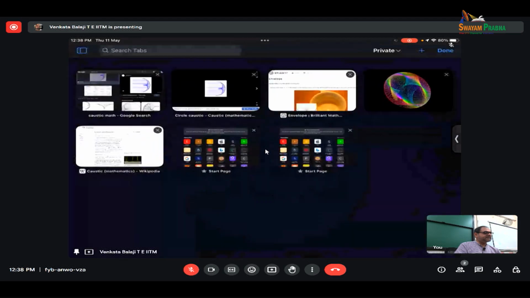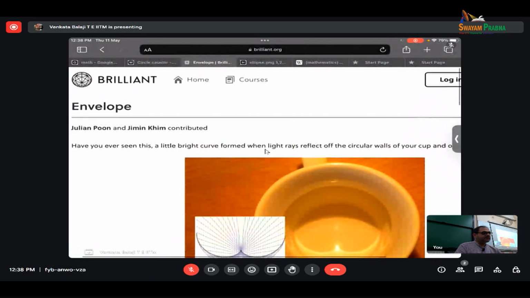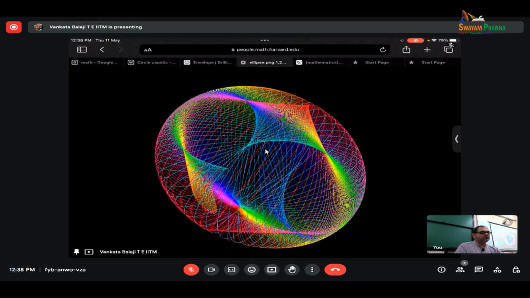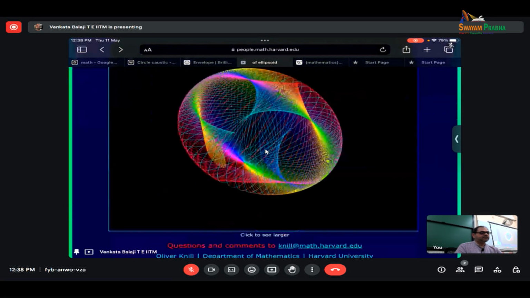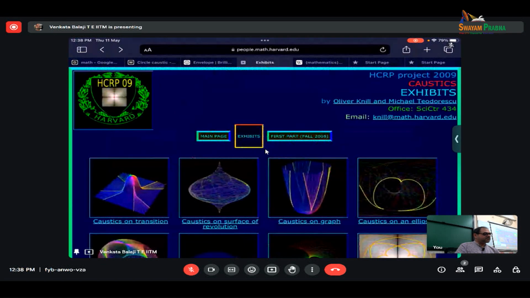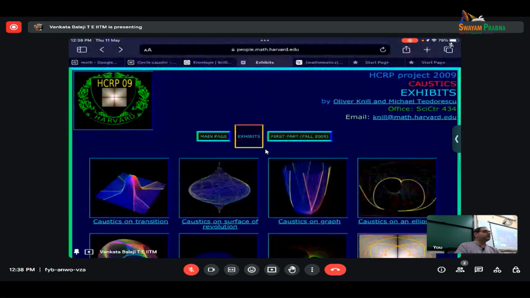There are some very amazing things. This is, of course, the shape I told you that's formed on a teacup, and you must go back and look at this. There are a lot of nice pictures of caustics, and this is from Harvard. You do a search, you will get this.